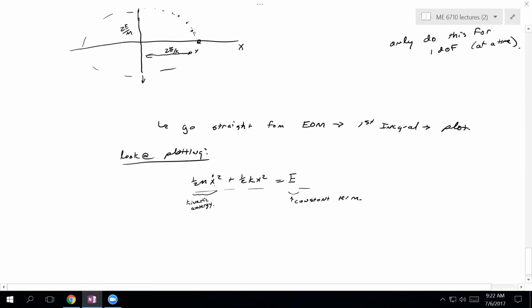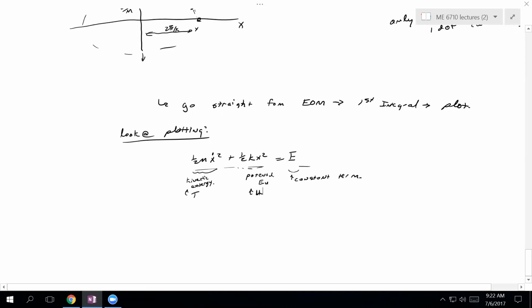The kinetic energy is the one associated with motion. The other terms are going to be other energy terms, and depending on the nature, they could be decaying or non-decaying. But in this case, this one's going to be a potential energy. We're going to call our kinetic energy T and our potential energy U for the remainder of this class. I know there are some different terms used, but we'll do that.